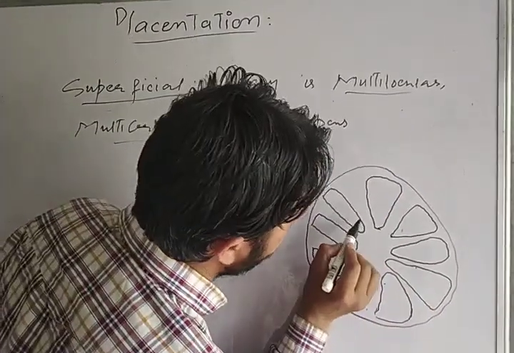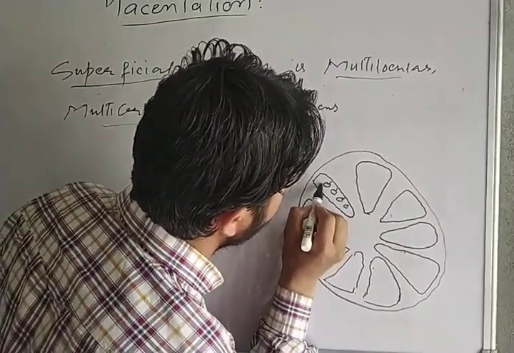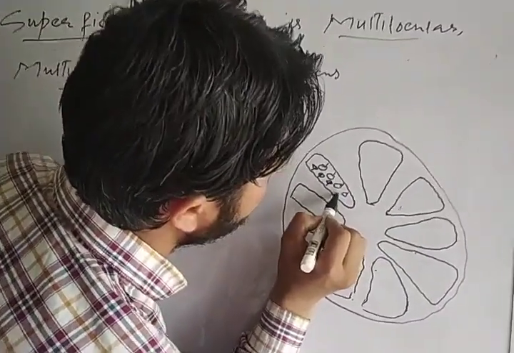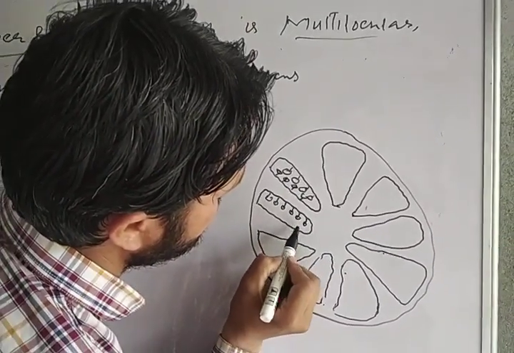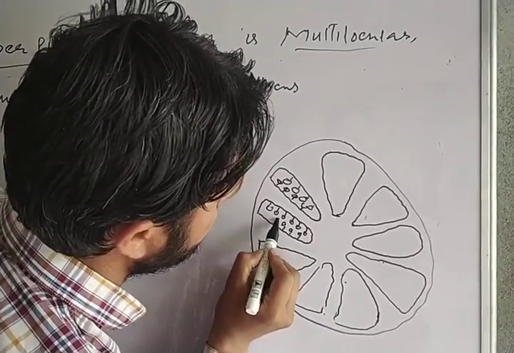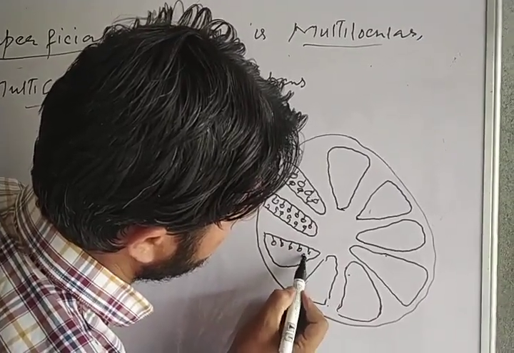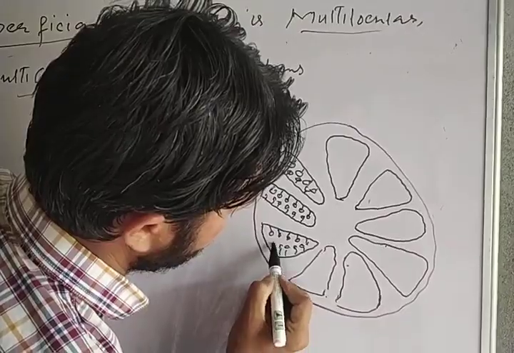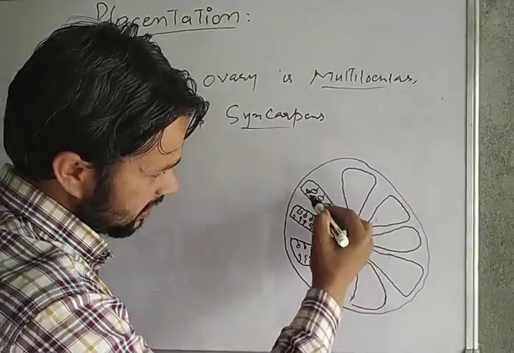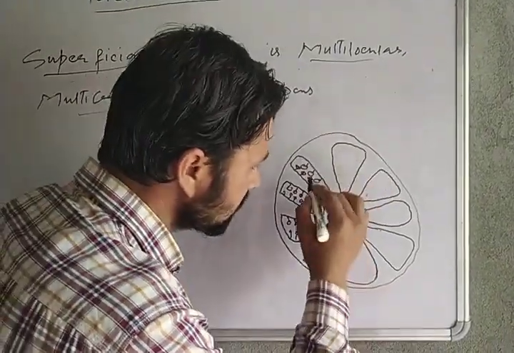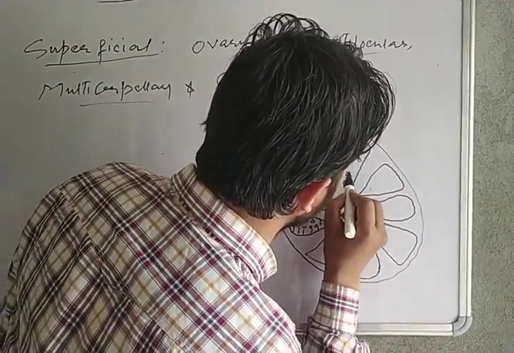And these septa represent ovules. These septa, these are multilocular, different locules of the ovary, and this placenta develops by fusion of the margins of the carpel, and ovules are formed all along the septa.